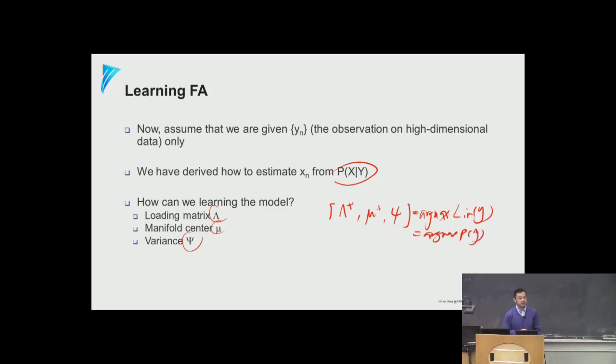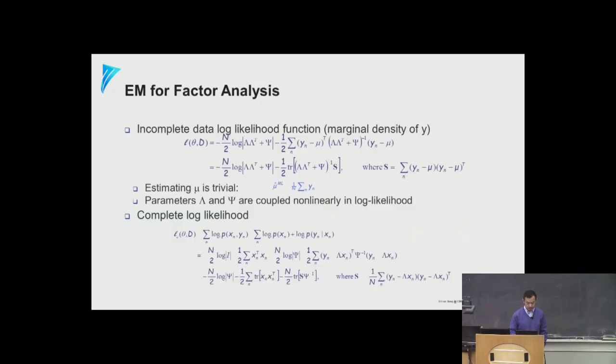The truth is that thanks to our manipulation of the Gaussian, given x and y given x, we actually could write down in closed form the marginal distribution of p(y) already. Right? We can actually write that, which is in here. Complete likelihood. Incomplete likelihood.